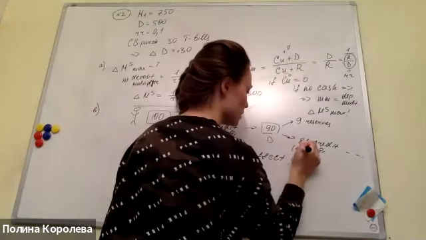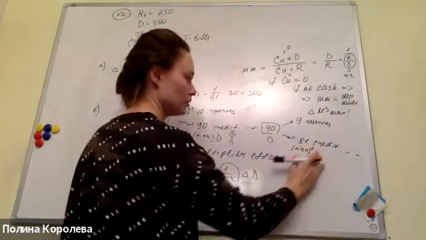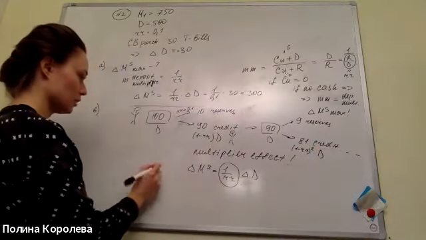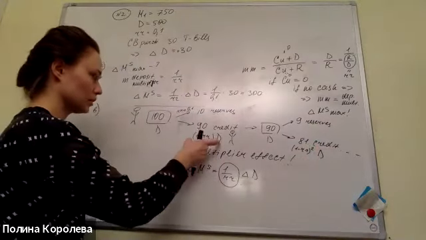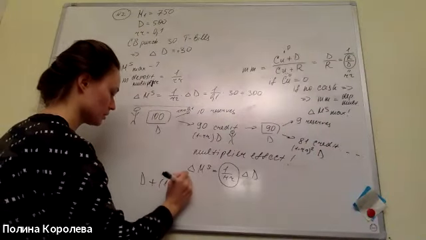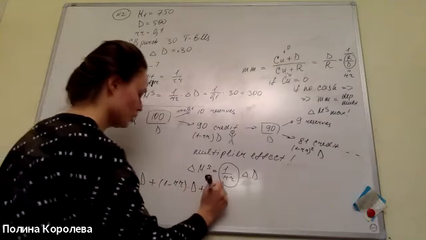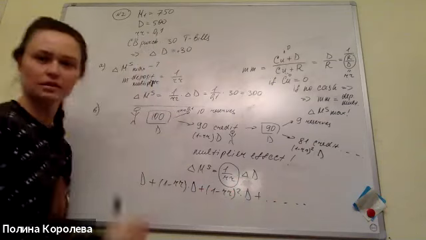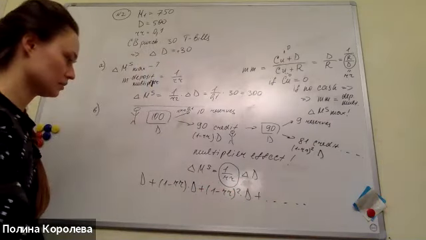So this is (1 minus RR) squared multiplied by D. And then when we add all this, D plus (1 minus RR) multiplied by D plus (1 minus RR) squared multiplied by D plus, infinitely.